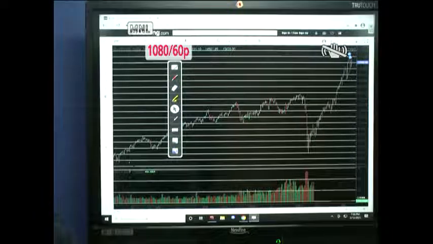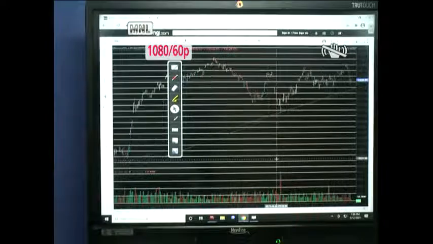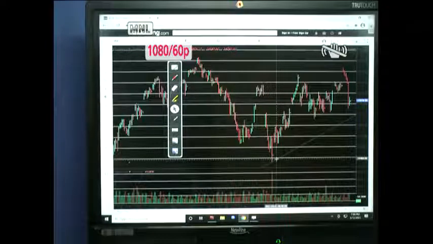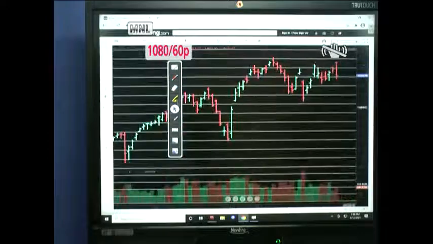On the intraday level, we have already seen the intraday support and resistance as far as Bank Nifty is concerned, and we will also look at it for the Nifty.